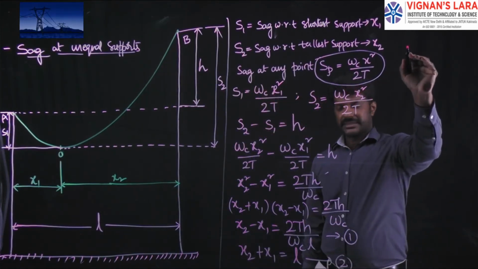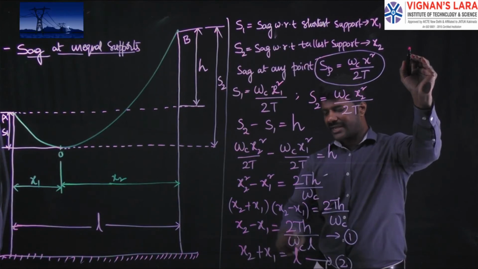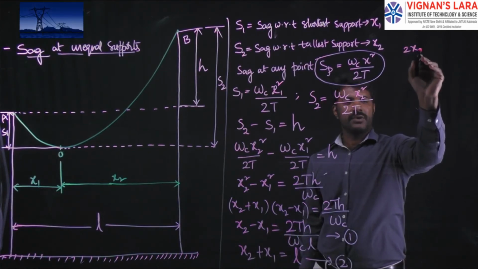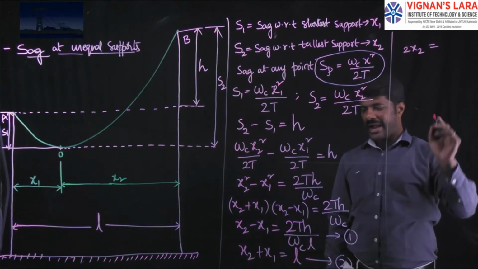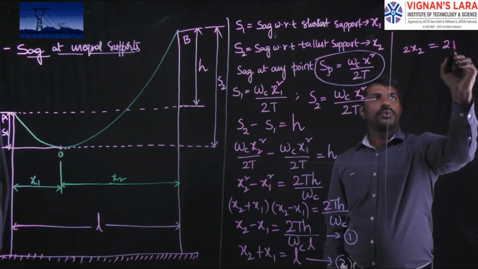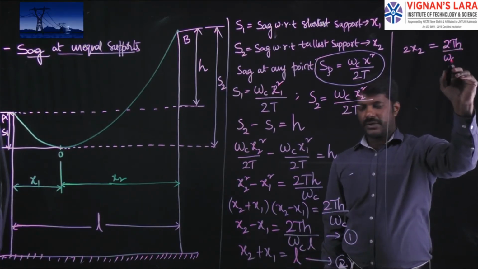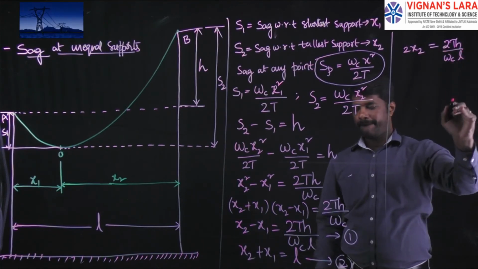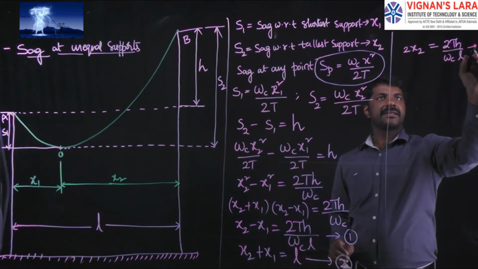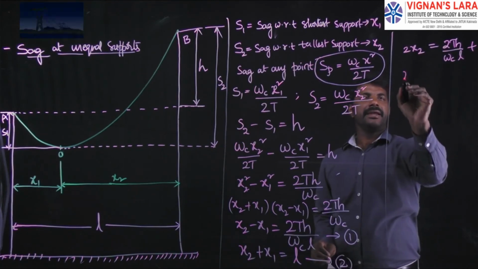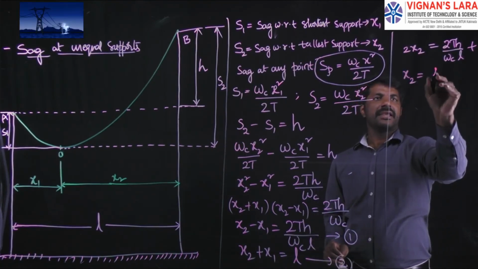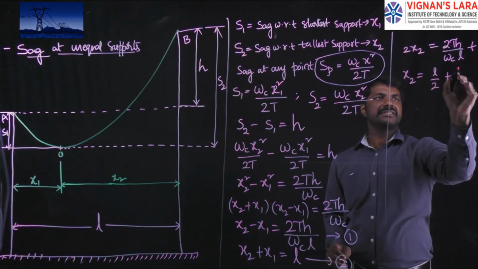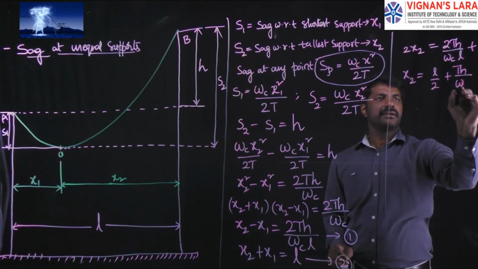On adding these two, x1 gets cancelled and 2x2 is equal to 2th by WC into L plus L. Thereby, the distance x2 is calculated as L by 2 plus th by WCL.